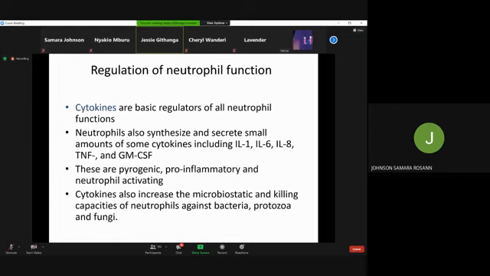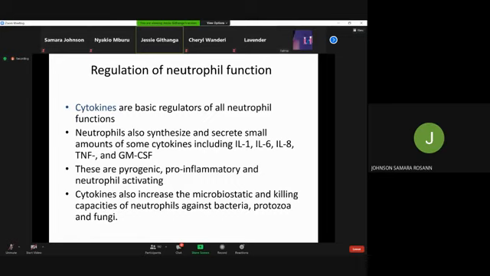And these are pyrogenic, and that means that they're the types that cause fever to occur. They're pro-inflammatory. They will cause other inflammatory cells to migrate and release inflammatory cytokines and inflammatory molecules. And they will also activate other neutrophils.